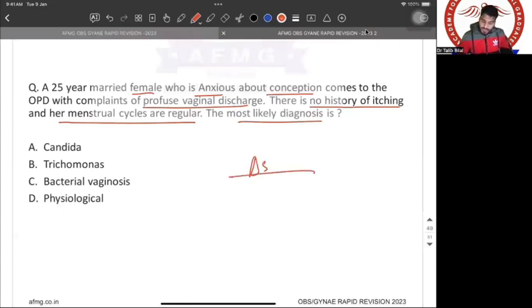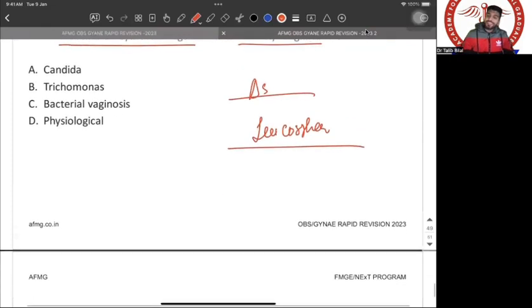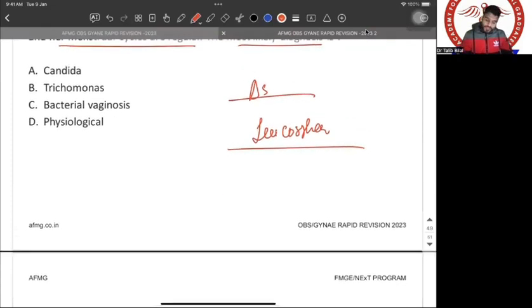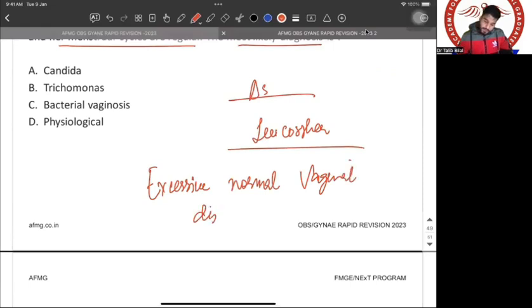The diagnosis is leukorrhea. What is leukorrhea, my dear students? It's excessive normal vaginal discharge.